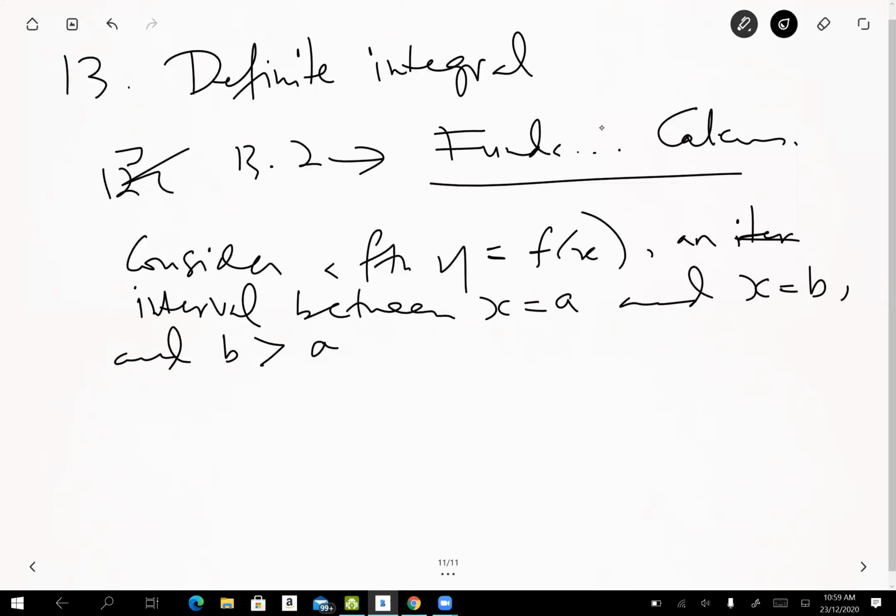For now, we just assume a and b are positive. All right. So you have an interval from a to b.